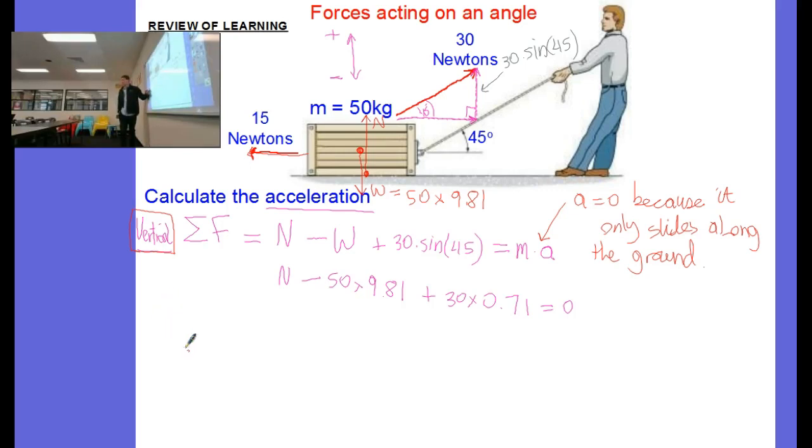What is it called? N? What is N? Normal force, thank you. So it's possible to calculate the size of the normal force. We get 49 minus 0.7 lots of 30, which is about 21, 22.